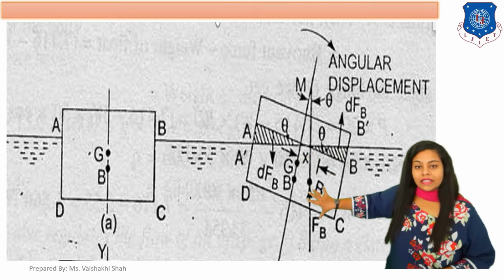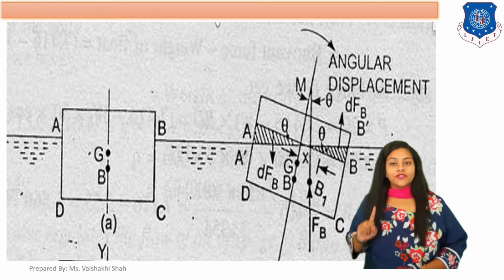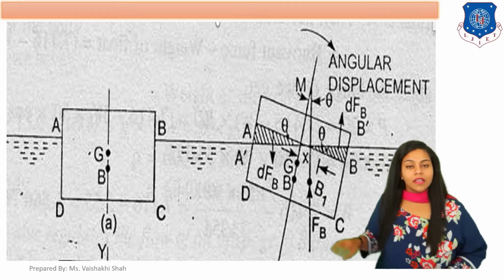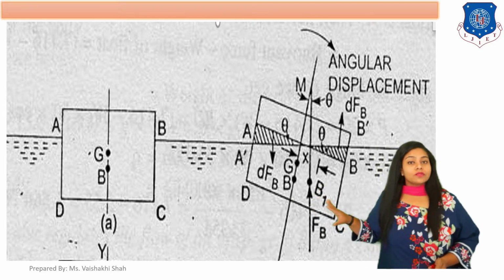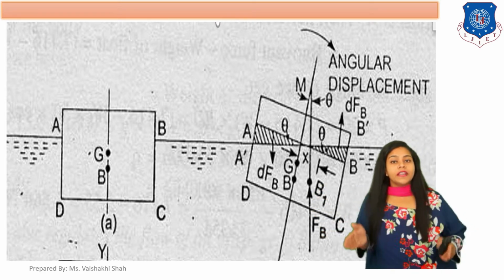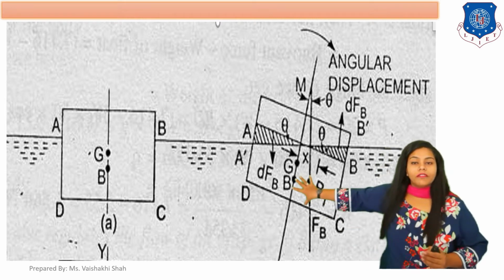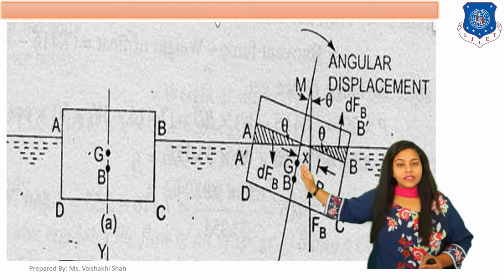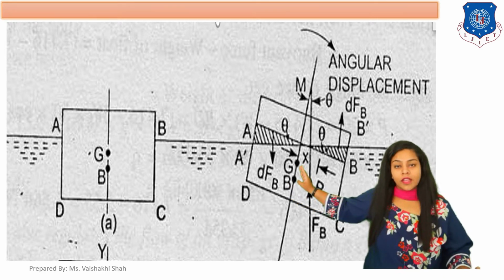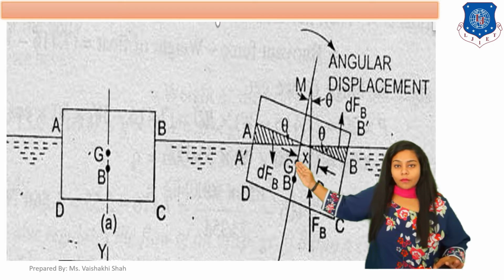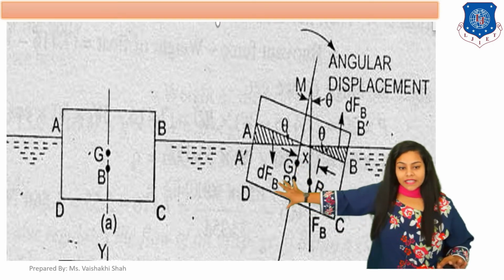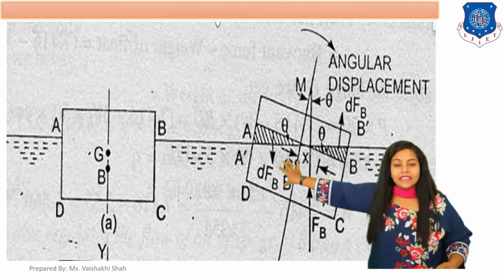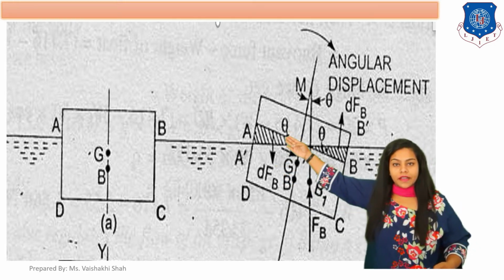Okay. Now in this case, as we know, G is the center of gravity and B is the center of buoyancy. In this case, there is no change in the weight of the body or weight of this block, so G remains constant at its location. But when this body tilts, this part goes inside the water and this part comes outside the water.